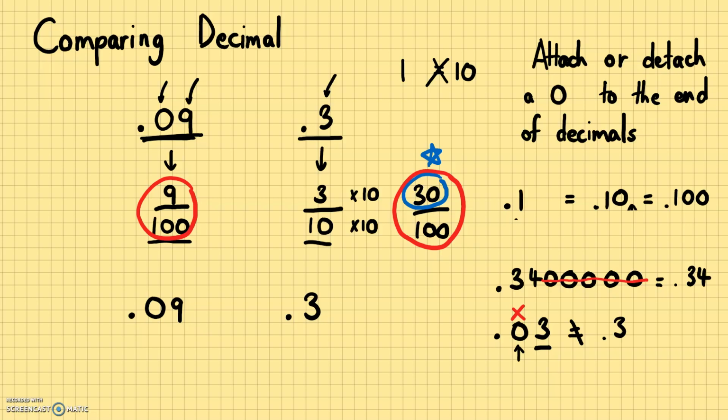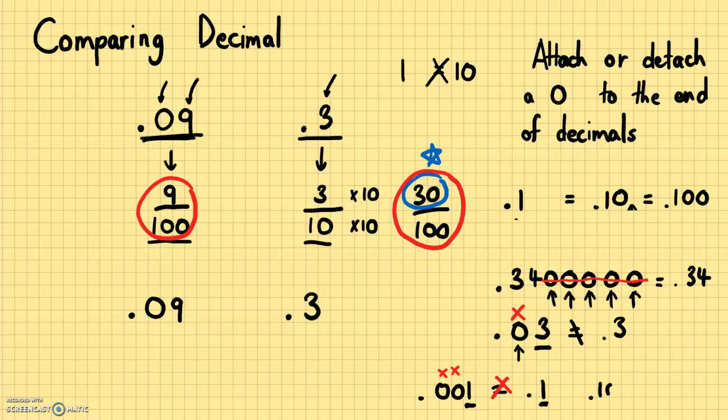You can only erase zeros that are at the end. Since all these zeros are at the end, that's why you could erase them. But if you have 0.001, you can't just remove the zeros because there's a 1 at the end. You can't remove these zeros, so these are not the same.